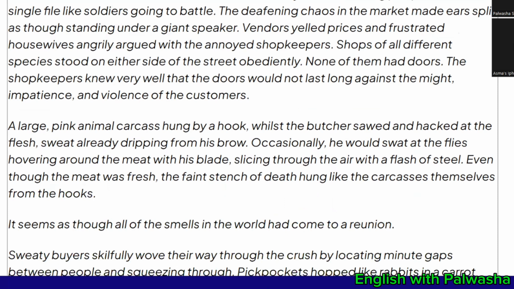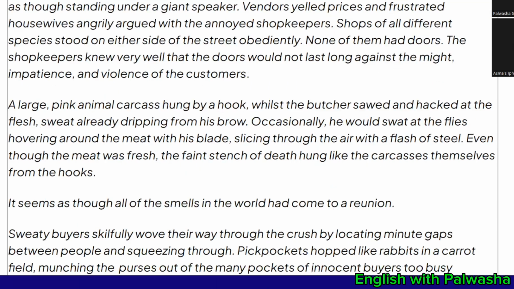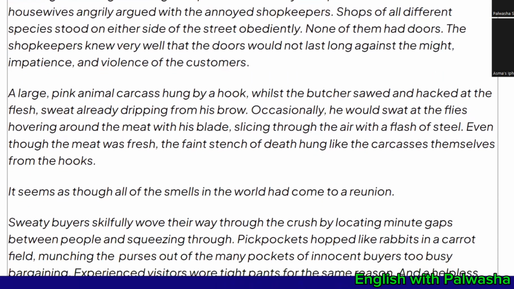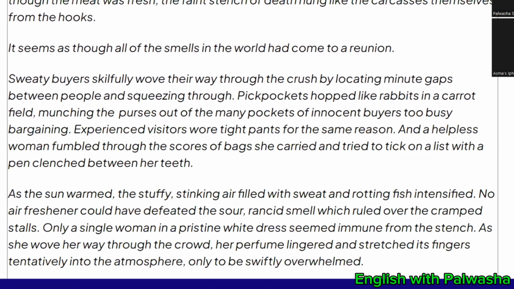Occasionally, he would swat at the flies hovering around the meat with his blade, slicing through the air with a flash of steel. Even though the meat was fresh, the faint stench of death hung like the carcasses themselves from the hooks. It seems as though all of the smells in the world had come to a reunion.